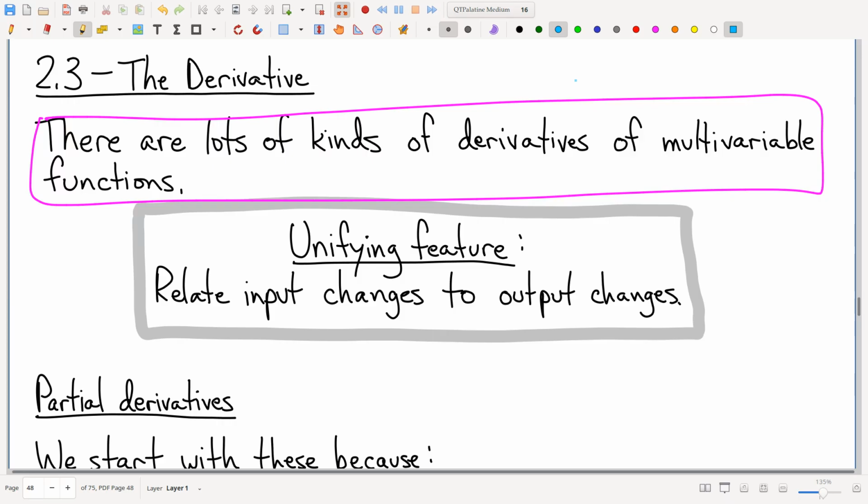In the same way, you can't just say, we've got all these different kinds of derivatives that we're about to see, and I'm going to treat all of them like they're the slope of the tangent line. Not even close. We're going to see various different kinds of derivatives that all have different geometric interpretations.